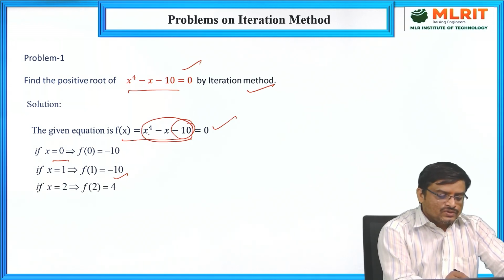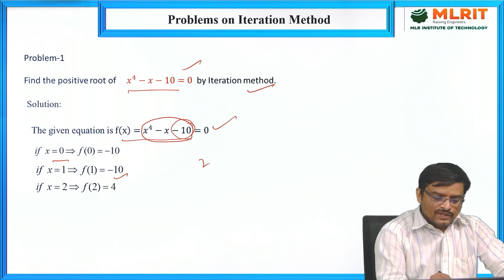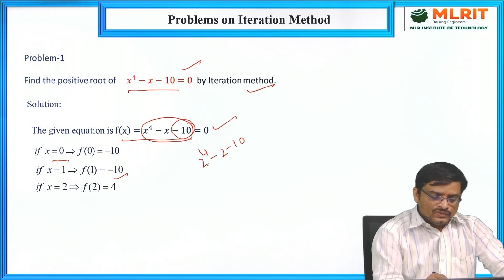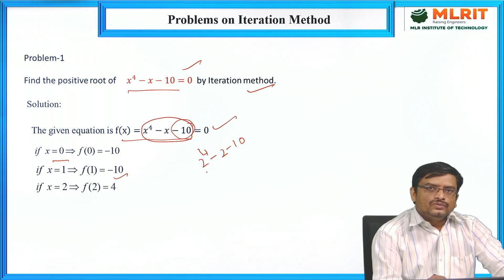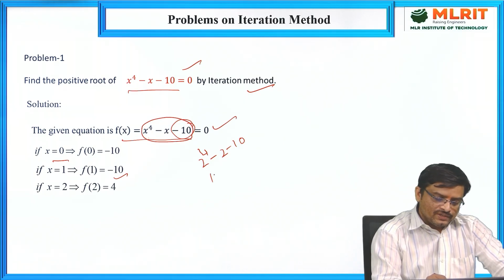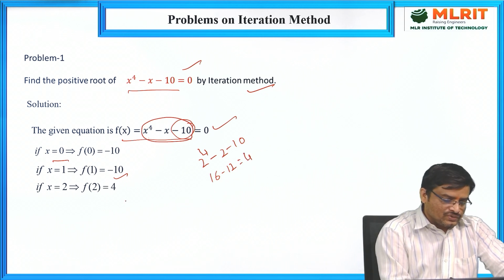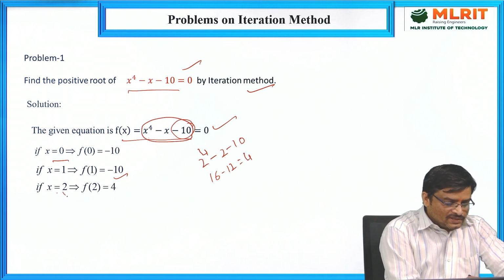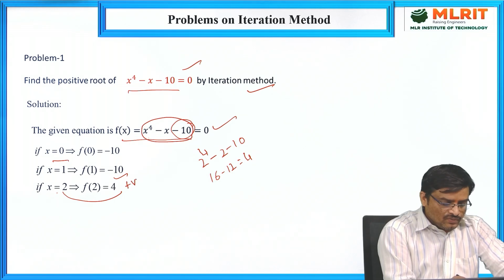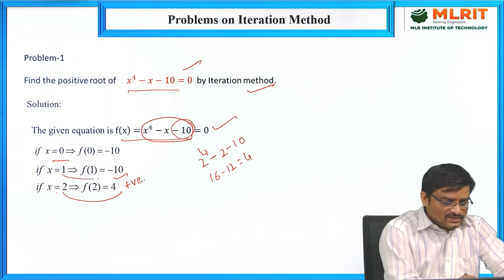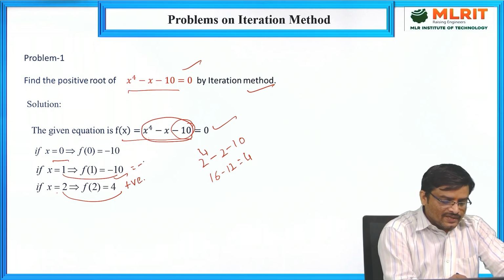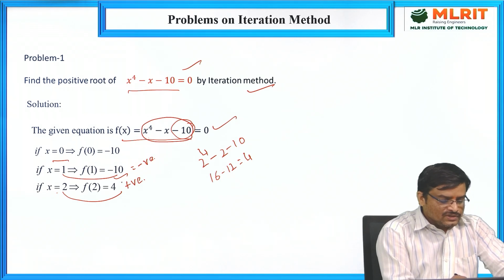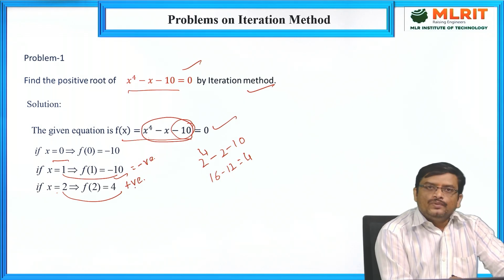If you substitute x = 2 here, you get 2^4 - 2 - 10. So 2^4 is 16, and 16 - 12 is 4, which is a positive sign. So when we take x = 2, the function value is positive, and when we take x = 1, the function value is negative. For two successive numbers, we got opposite signs.